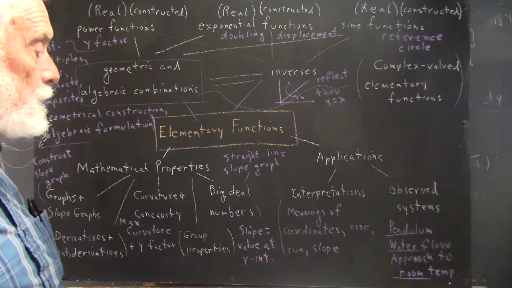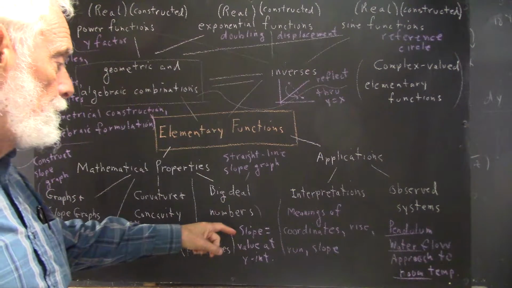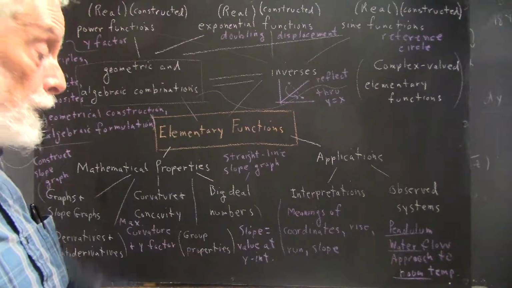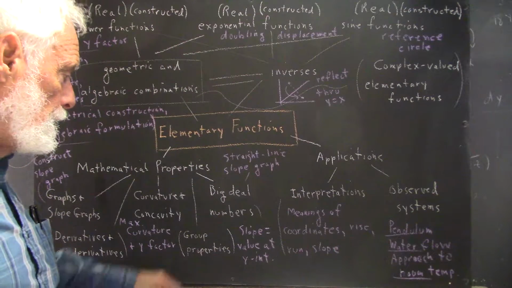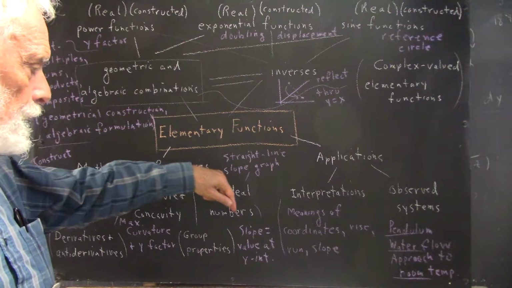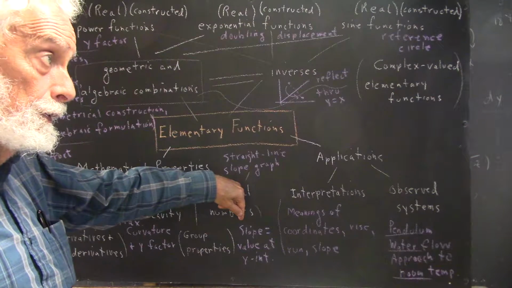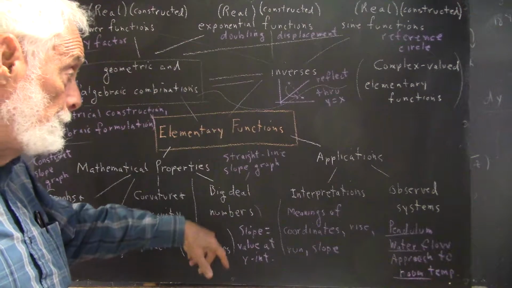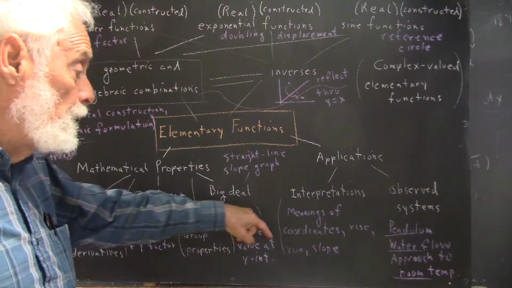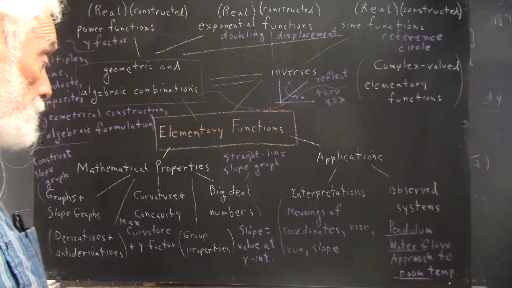And the other, the base of the exponential function, or the doubling displacement actually, which is equivalent to the base, for which the slope of the graph of the tangent line is equal to the value of the function at the y-intercept.